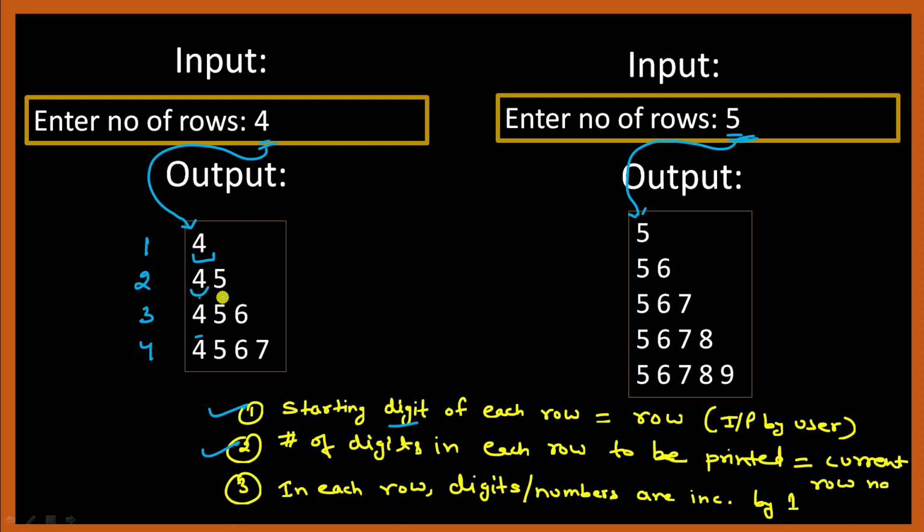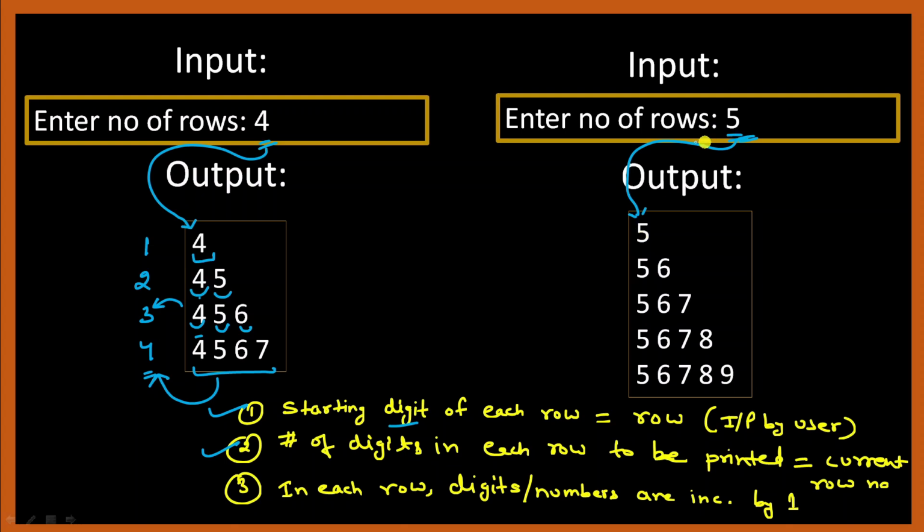In the third row 3 digits, 4 5 and 6, a total of 3 digits, which is equal to the current row number. In the fourth row 4 digits, 4 5 6 7, which is equal to the current row number.